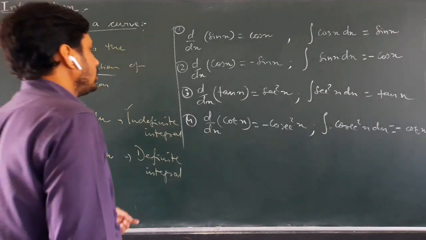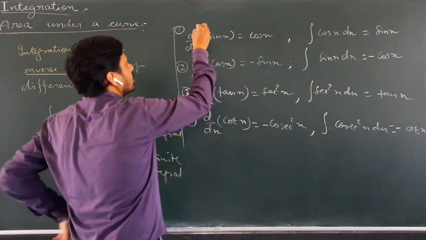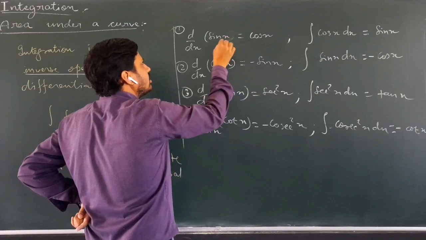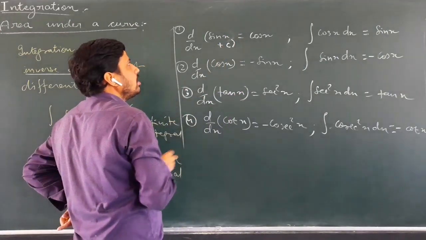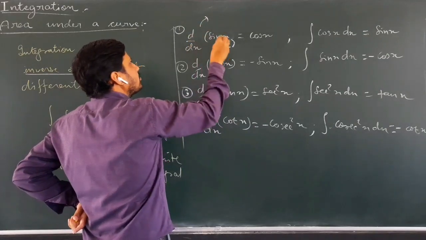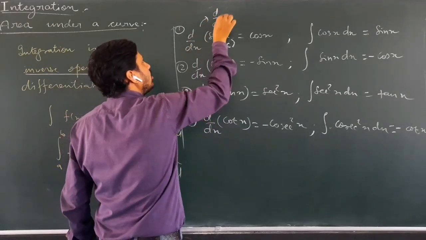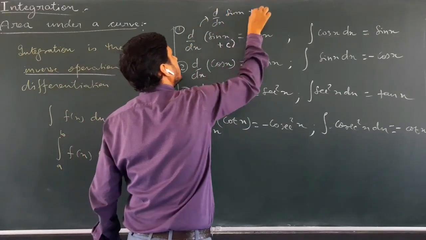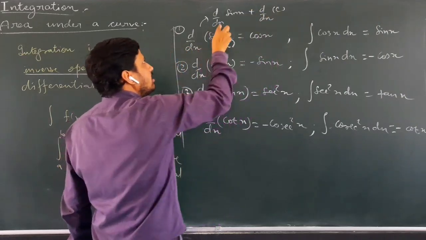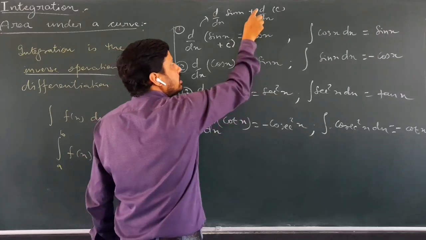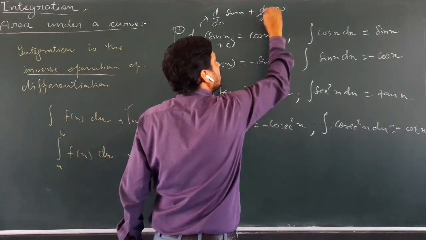Now here I can do one more thing. Let me write, instead of sin x, sin x plus some constant c. So you know the derivative of sin x plus c can be written as d by dx of sin x plus d by dx of c. d by dx of sin x will be cos x, d by dx of a constant will be 0.